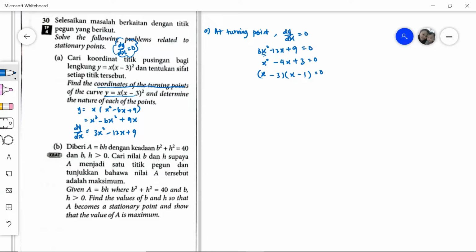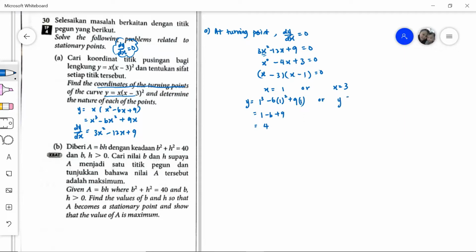So we need to find the coordinates. With this, we can find the y coordinates. y equals 1 cubed minus 6 times 1 squared plus 9 times 1. So over here we have 1 minus 6 plus 9, which is 4.